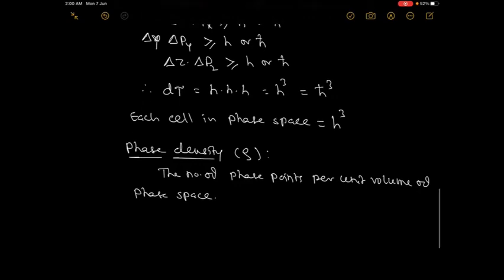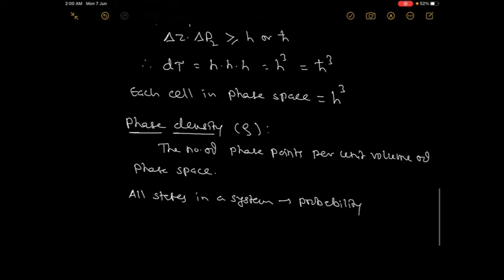Here, if all states in the given system are related to probability, then what is the sum of probabilities of all possible states?